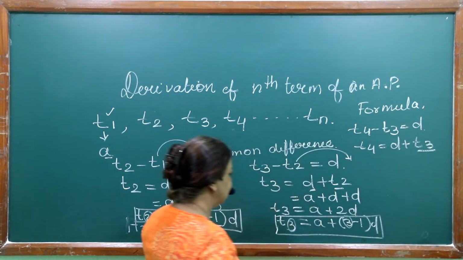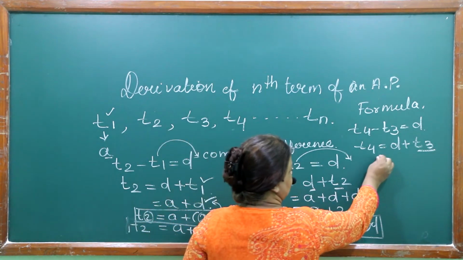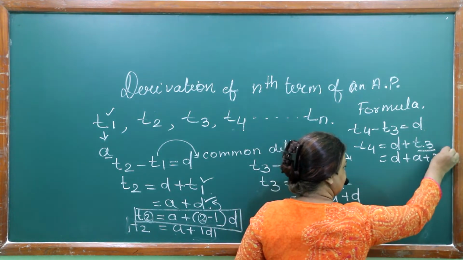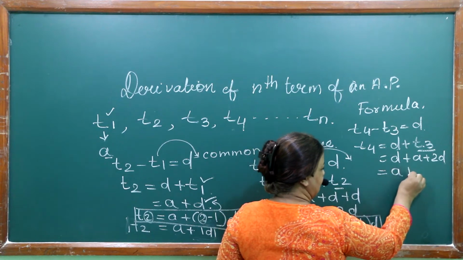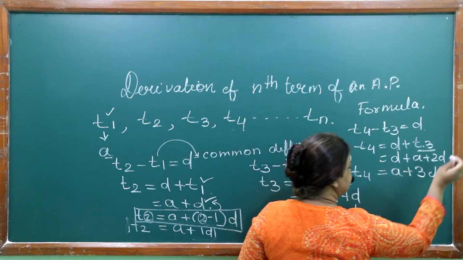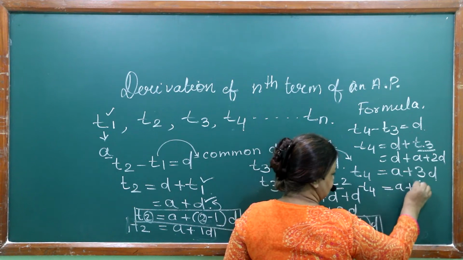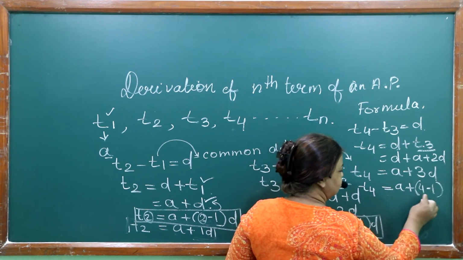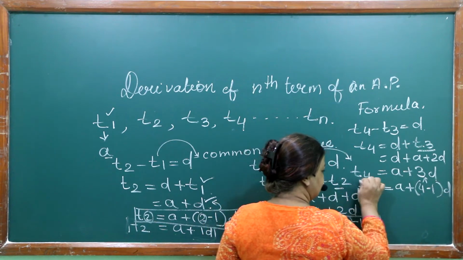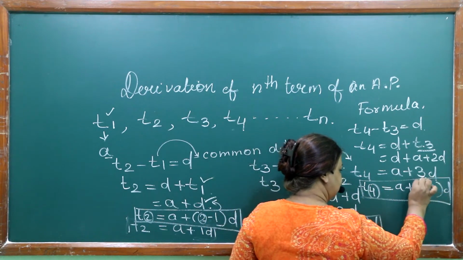And T3 is A plus 2D, so T4 is equal to A plus 3D, which can be written as A plus 4 minus 1, and 4 minus 1 is nothing but 3, into D. So here I am getting 4, and here also I am getting 4.